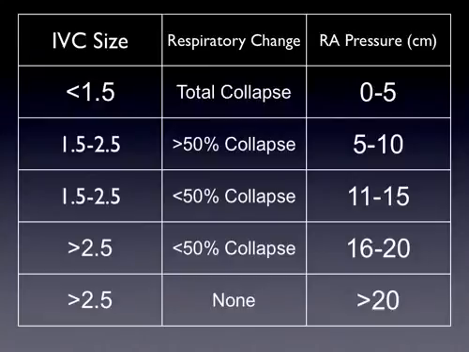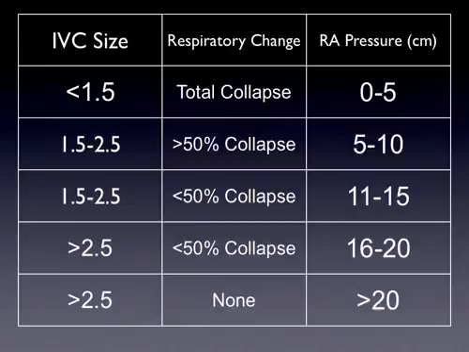Probably the more important thing to realize is that a small IVC, typically less than 1.5 centimeters, correlates to dehydration, and a plethoric or enlarged one greater than 2.5 centimeters correlates to an elevated CVP, typically but not always associated with CHF. You can see increased CVP with other entities such as pulmonary hypertension, right-sided heart failure, pulmonary embolism, COPD, things of this nature.